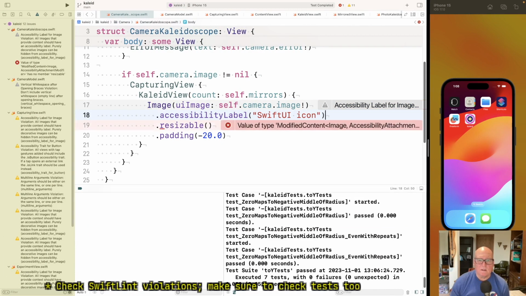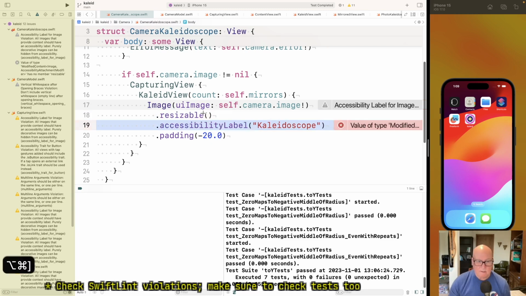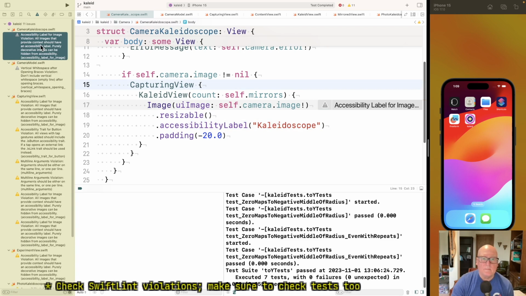So this is the Kaleidoscope view. Kaleidoscope. Okay. He doesn't like being after it. Okay. That's camera kaleidoscope.